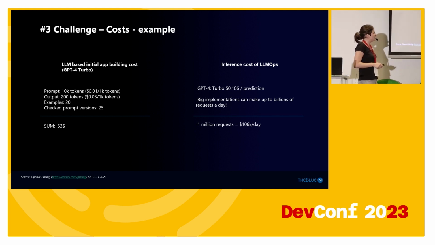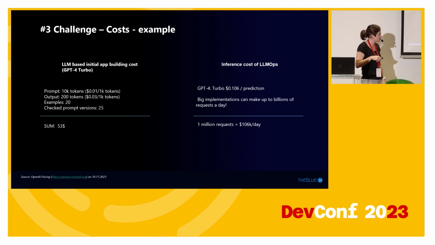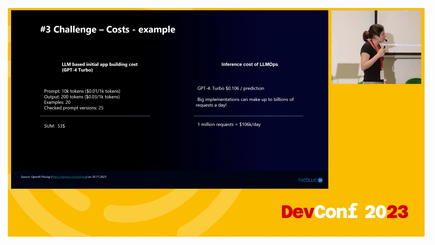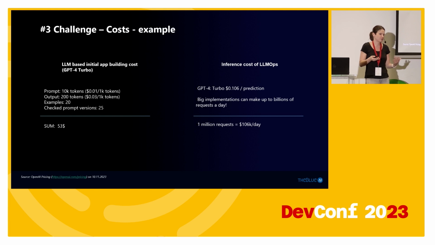And actually, you don't have to be a large company to send millions of requests a day. Assuming 1 million requests, you would have $100,000 a day just for these requests. This is, of course, dependent on your usage, but it can quite easily get to a lot of money.